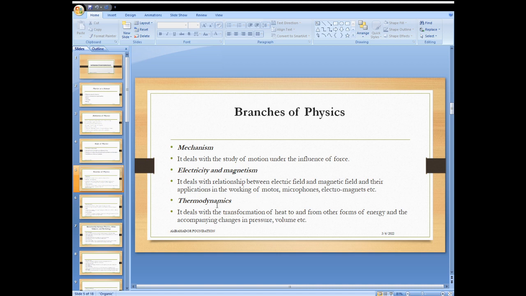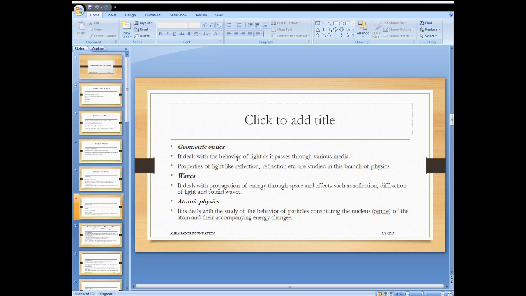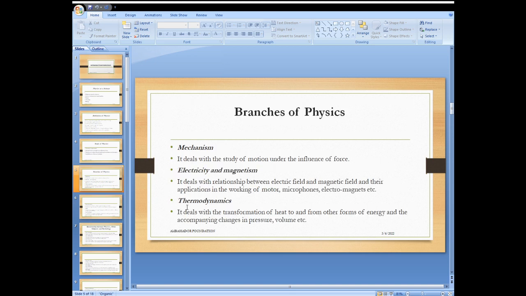So we have thermodynamics. It deals with the transformation of heat to and from other forms of energy and the accompanying changes, for example, in pressure, volume, temperature, etc. Then we have geometric optics. First of all, optics is a scientific word for light, just like thermo is a scientific word for heat.